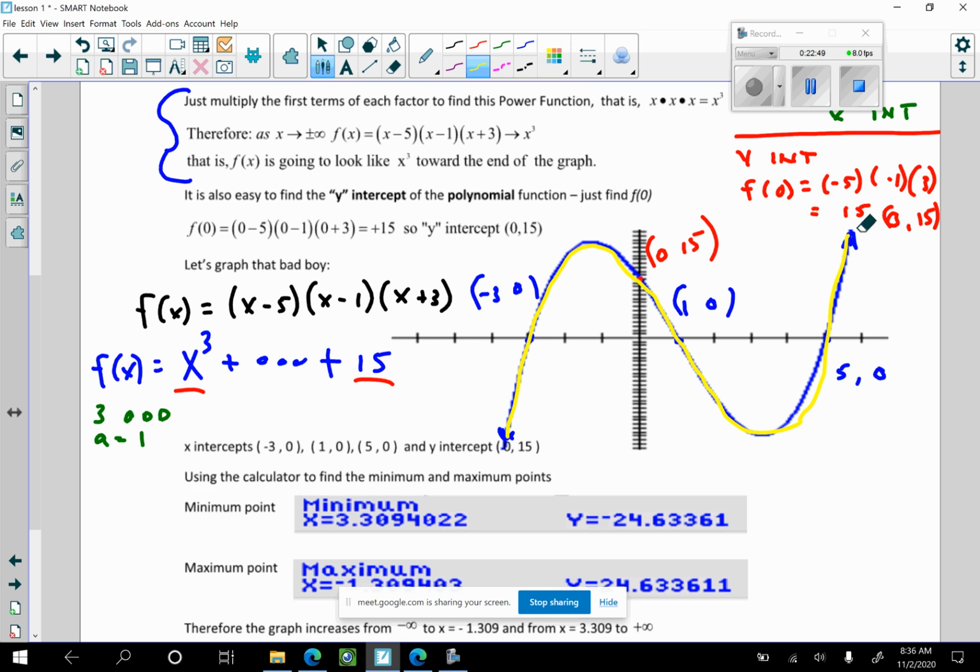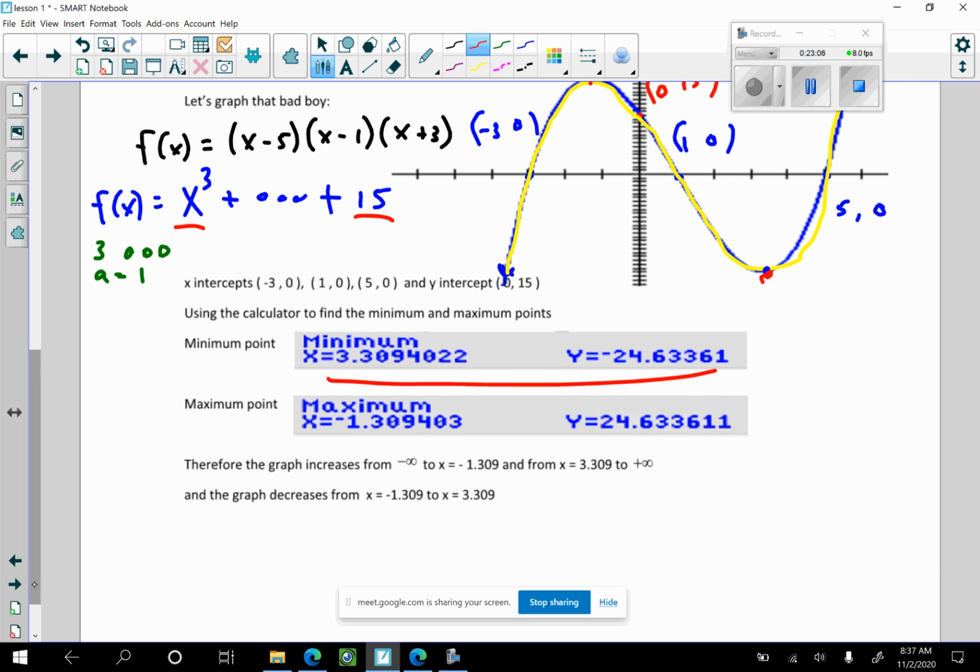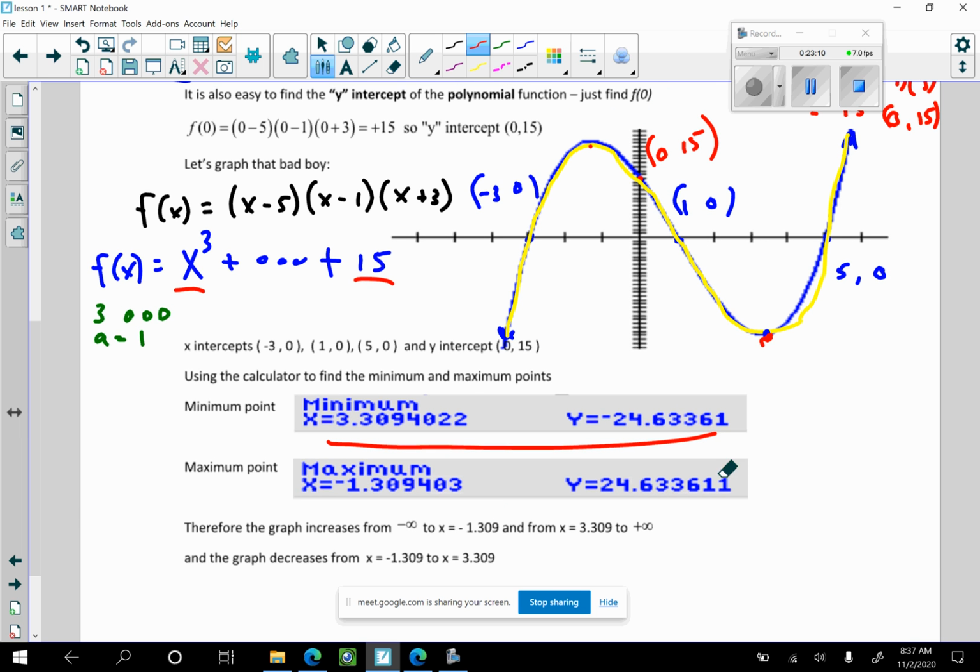And I actually did this in this example. So I've found this minimum point right here, this 3.309, negative 24. Let me go up a little bit. This is that maximum point, negative 1.309 and 24.